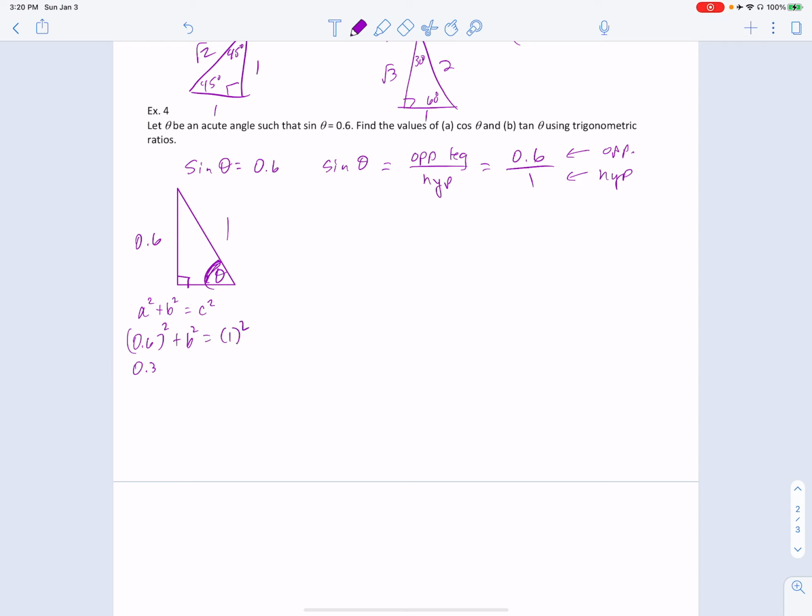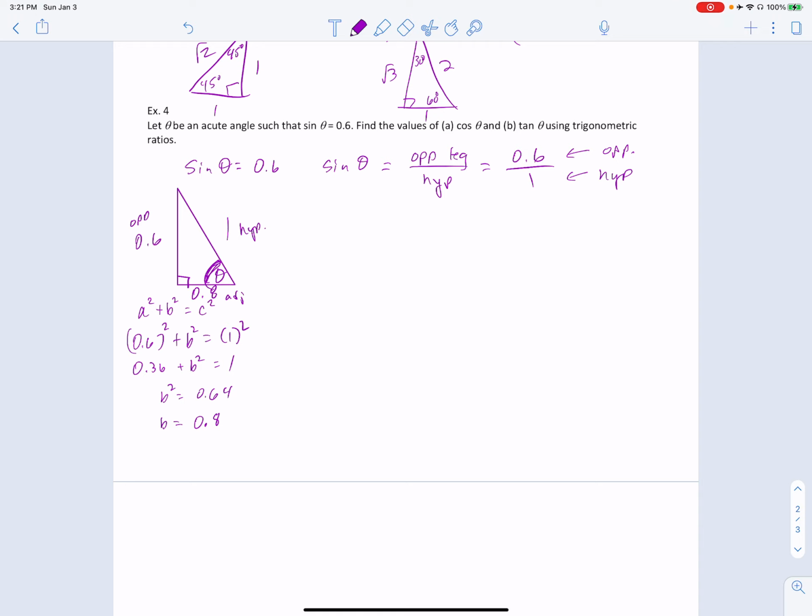And you get 0.36 plus b squared equals 1, or b squared equals 0.64. And it's plus or minus, but it's a triangle. So b is going to be, take the square root of that, 0.8. So now I know that's 0.8. So this is your opposite, this is your adjacent, and this is your hypotenuse.